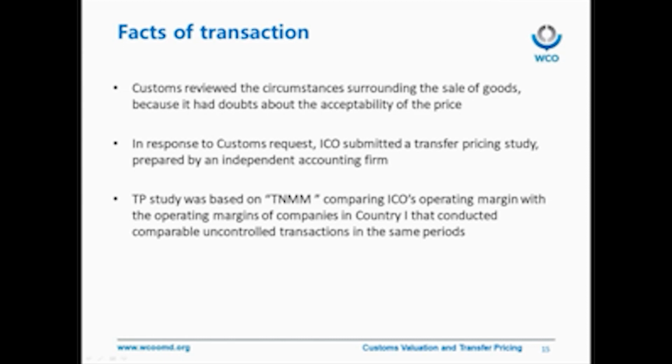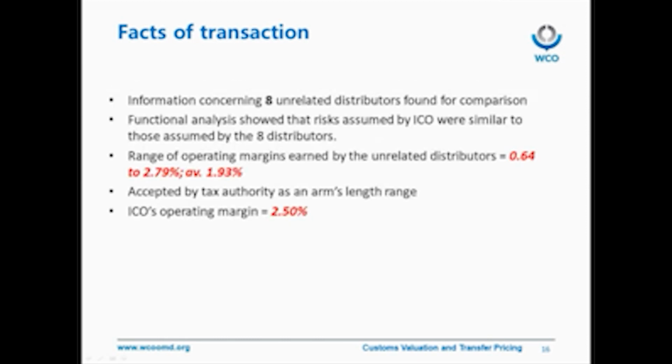And what kind of information? Because customs already know from commentary 23.1 that the information in the transfer pricing study could be taken into account by customs. So what kind of information did customs find in this TP study? Information concerning 8 unrelated distributors found for comparison.